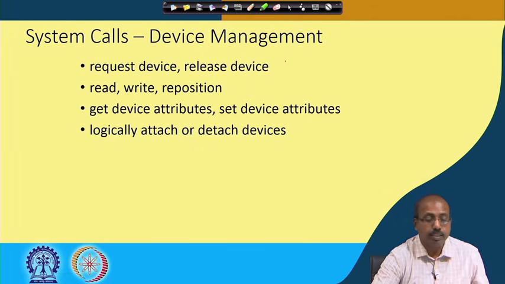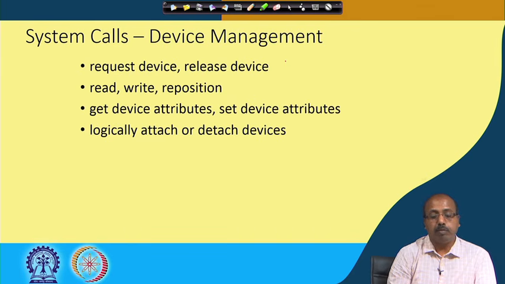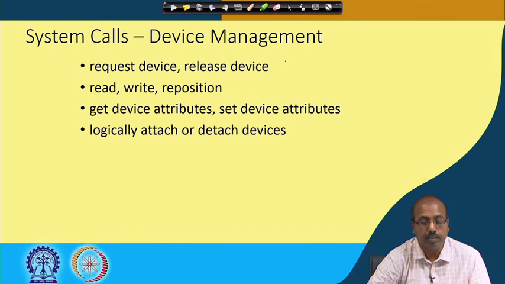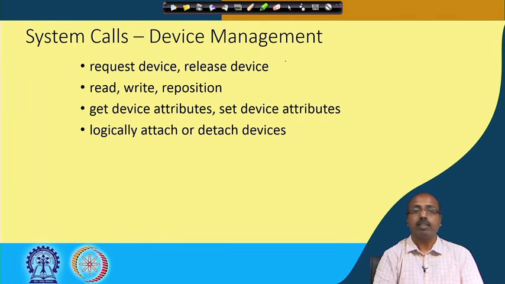Next, we will see the device management related calls. There may be a request for a device, then release a device, then read, write, reposition. It is the same thing: you want to read content from the device, or write something onto an output device, or advance the read write head, that is, repositioning the head.